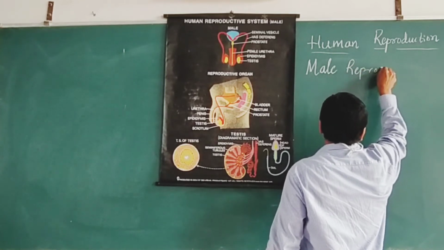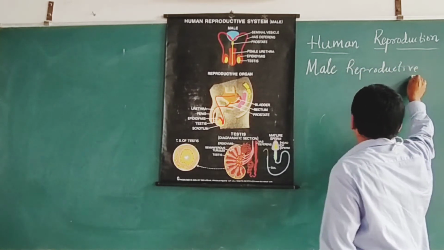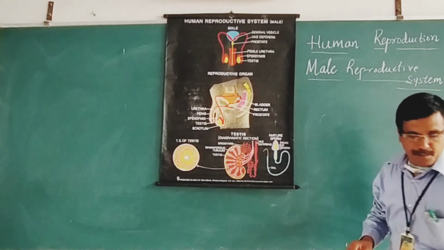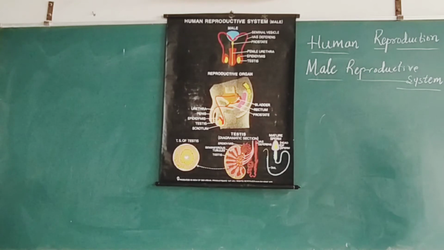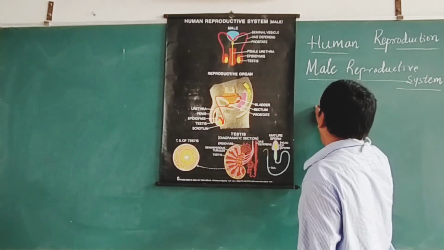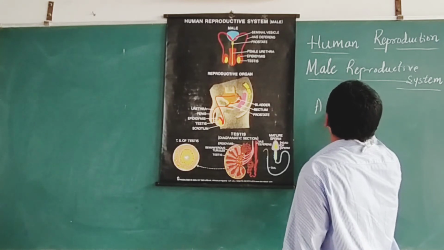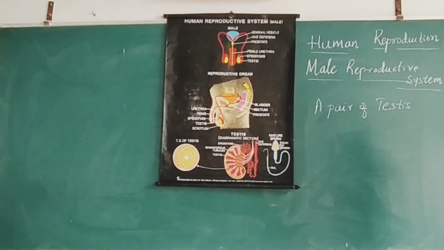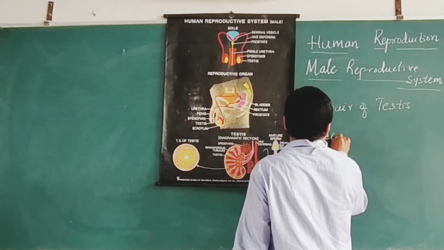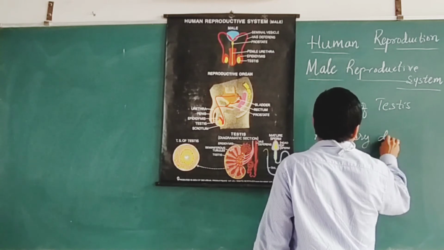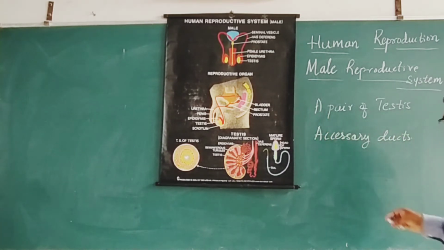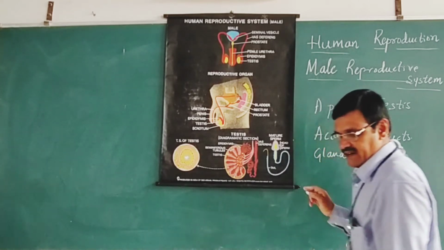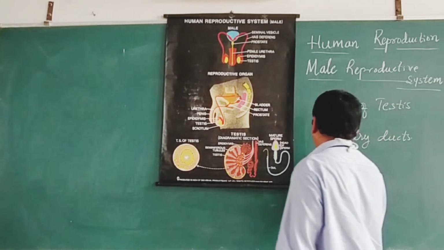The male reproductive system consists of a pair of testes, accessory ducts, accessory glands, and external genitalia.